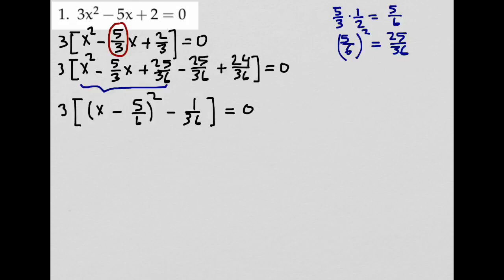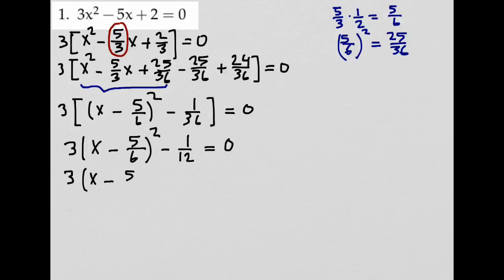equals 0. Let's distribute the 3 to get 3 times x minus 5 over 6 squared. 3 times minus 1 over 36, that's minus 1 over 12 equals 0. 3 times x minus 5 over 6 squared equals 1 over 12, which means x minus 5 over 6 squared equals 1 over 36.